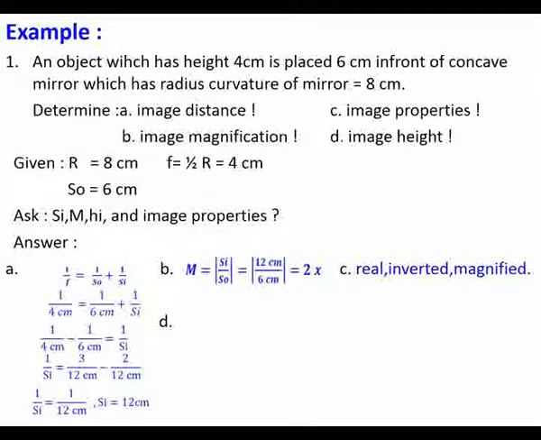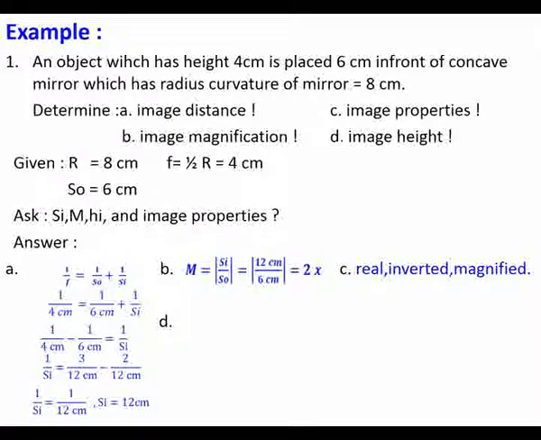For question C, from the answer to point A, we know that SI is positive, so the image is real. A real image must be inverted. And from the answer to question B, the magnification is 2 times, so the image is magnified.